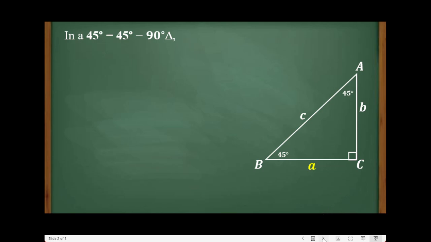Now, as I have said a while ago, this special right triangle has two properties or theorems, which I think we have already taken up in the last topic in the third grading period. And what are these properties? So let us have the first one.